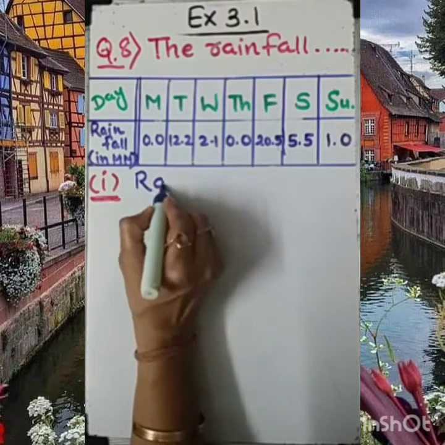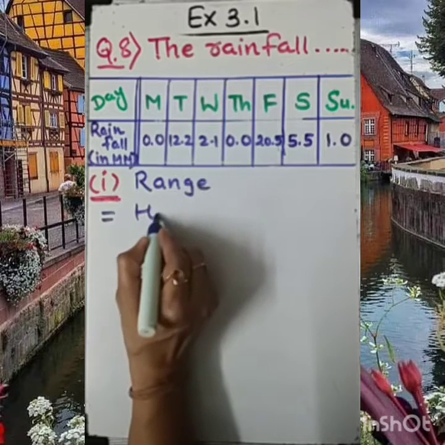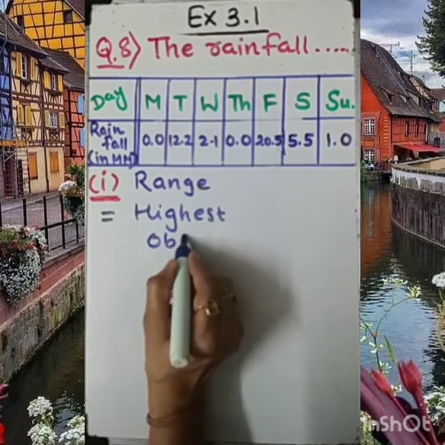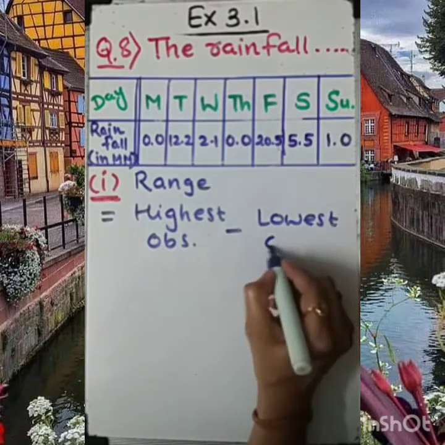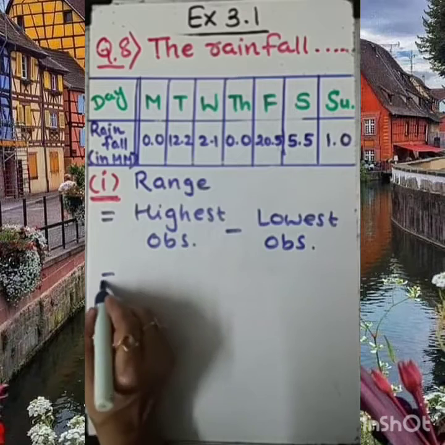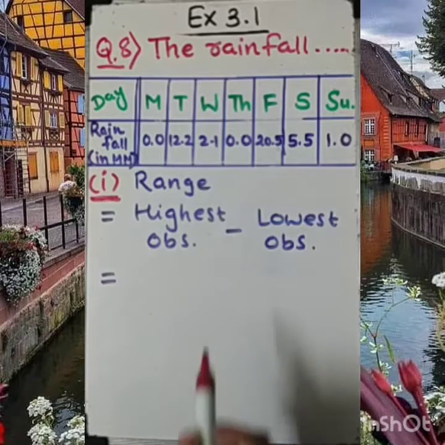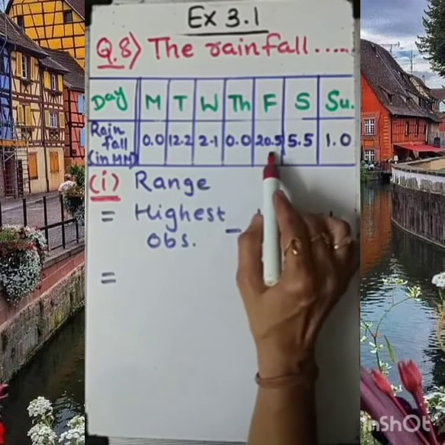So we need to find the range. As we know, range equals highest observation minus lowest observation. This is the formula to find the range of the given data. Now according to the given question, the highest observation is 20.5.